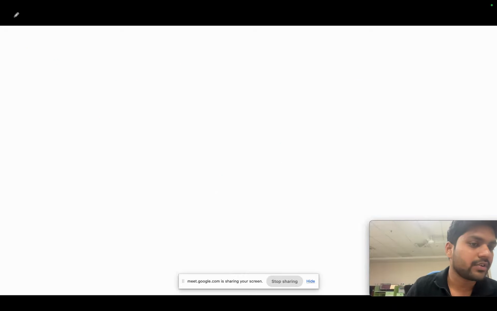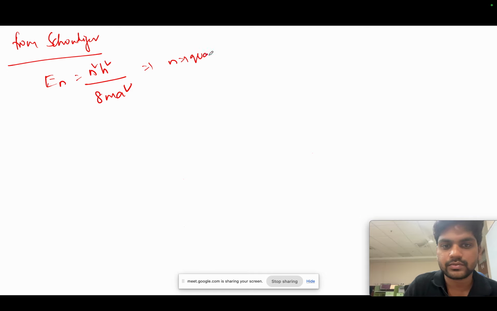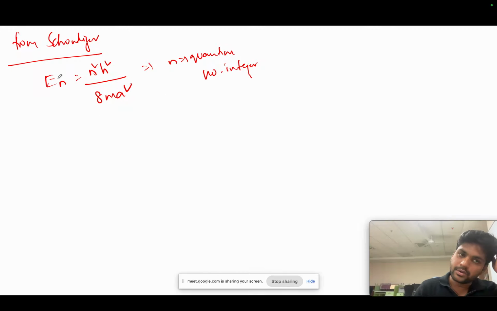Now from Schrodinger we got energy as n square h square by 8 m a square. So here n is a quantum number, an integer. In the future classes I will give you this derivation.